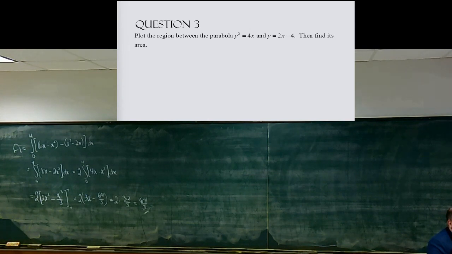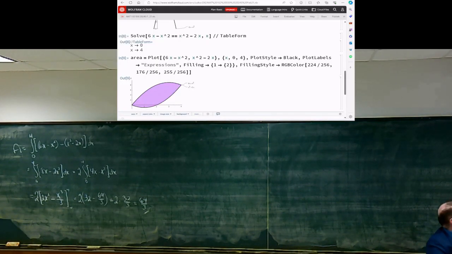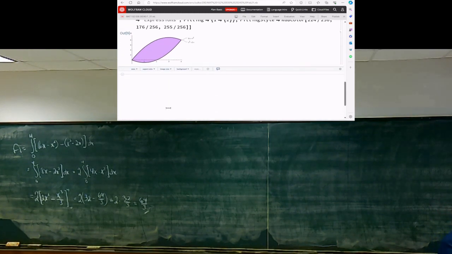Plot the region between y squared equals 4x and y equals 2x minus 4. We also want to find the area of that region. I'm going to now call it plot.